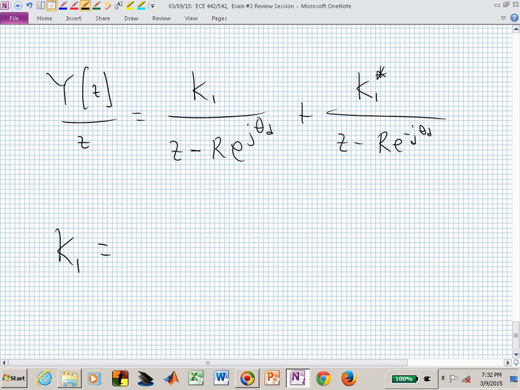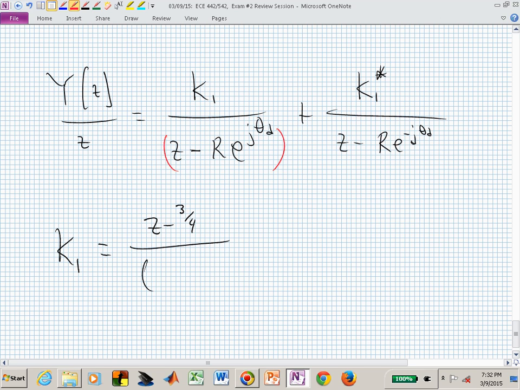But K1 is now z minus 3/4. That's the numerator, since we've divided out the z. What's downstairs? If we're solving for K1, what have we done? We've multiplied both sides through by this factor in red, so we've isolated K1.